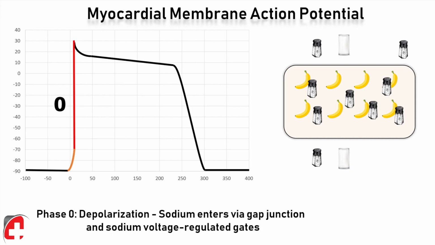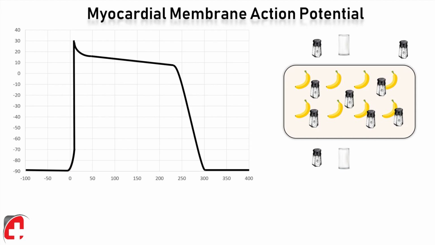All the sodium has rushed in via these voltage-gated sodium channels, so now we've got a very positive level. It goes from negative 90 to positive 30. And from there, we go to the next stage.